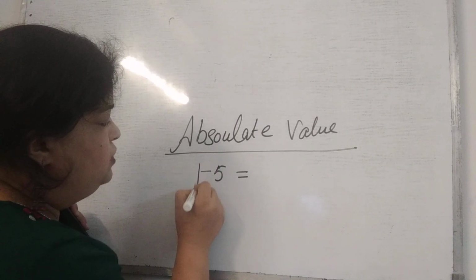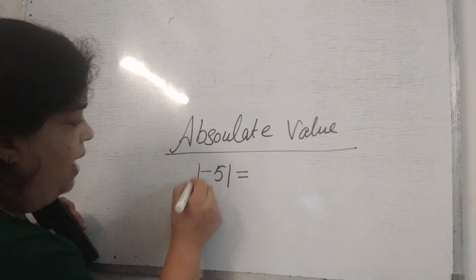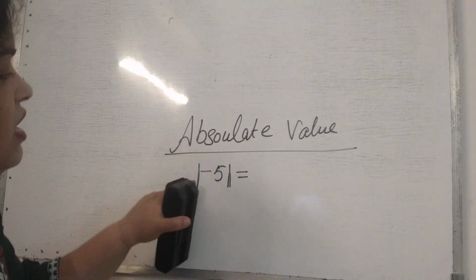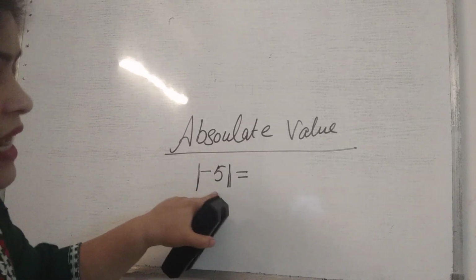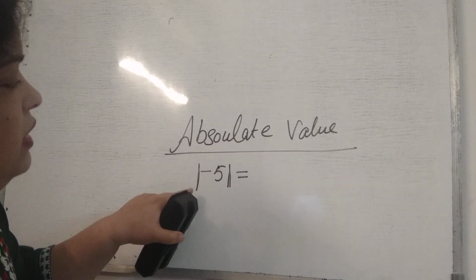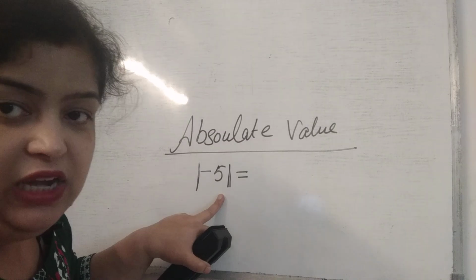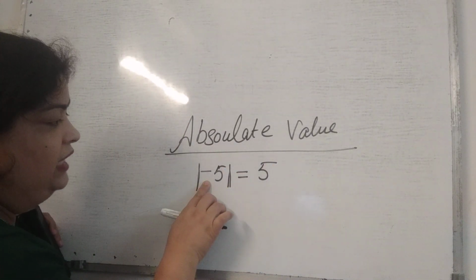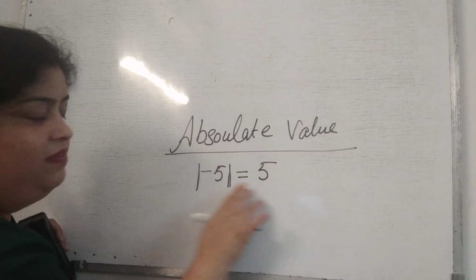We always denote the absolute value by these straight lines. When a number is minus 5 and you are calculating the absolute value of this number, you will put 5. Without taking the sign, you will simply put 5.